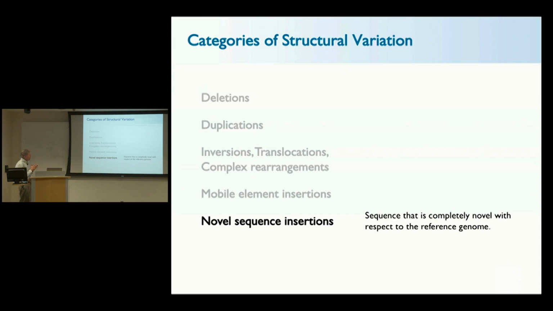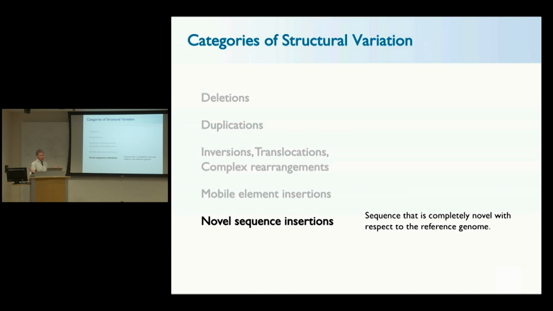Sometimes we also talk about novel sequence insertions as opposed to duplications. This depends a little bit on the technology we're using to ascertain. If you're using long reads, we tend to just treat insertions as insertions without thinking about whether or not they look like other parts of the genome. When you're doing something more alignment-based, it's easier to detect a duplication of existing sequence as opposed to reads that just don't map anywhere on the human genome.